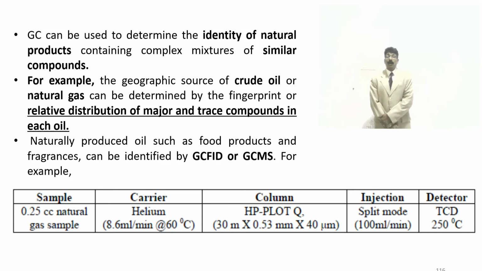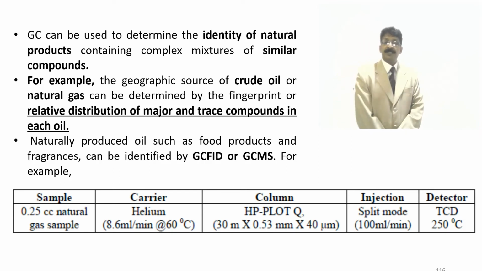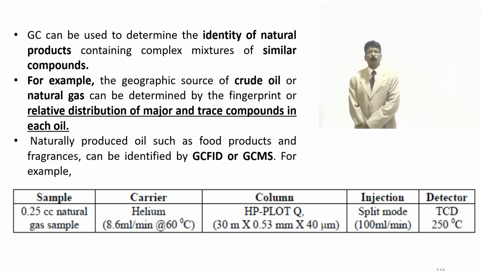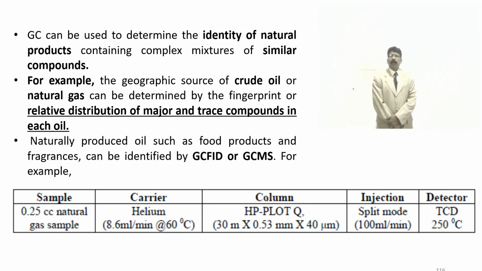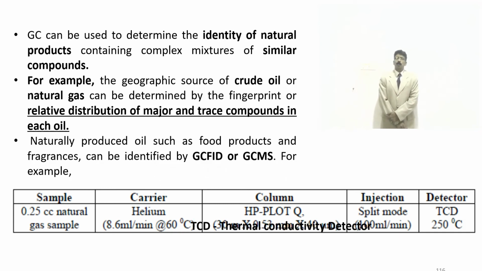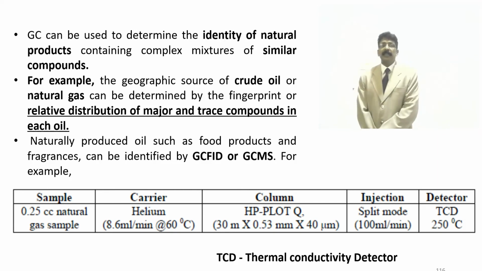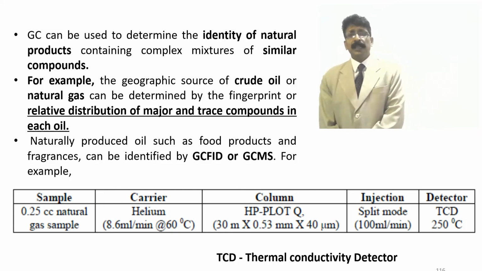The column used is an HP-PLOT Q, 30 meters long, 0.5 millimeter by 40 micrometer internal diameter. Very, very tiny. The injection split mode should be 100 ml per minute, and the detector used for this purpose is TCD, that is, a thermal conductivity detector. This is an example for a natural source.